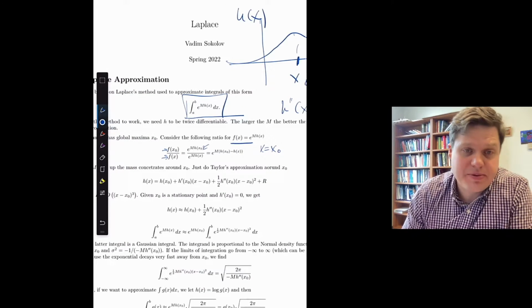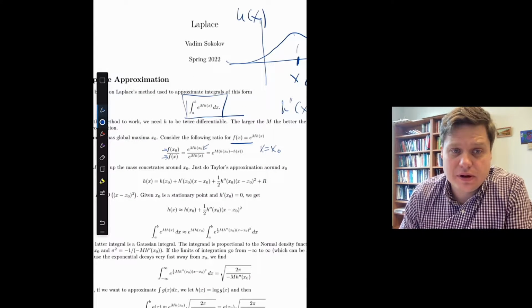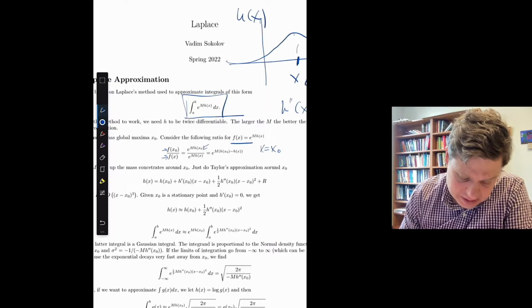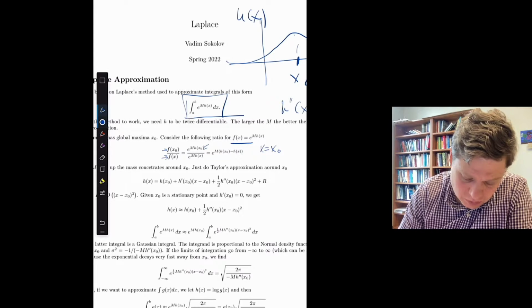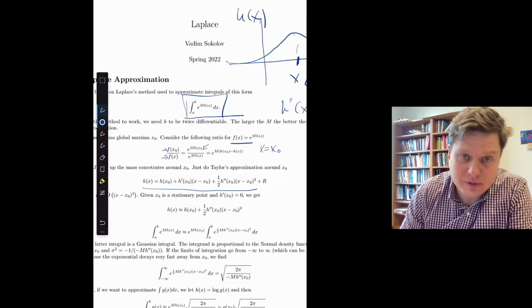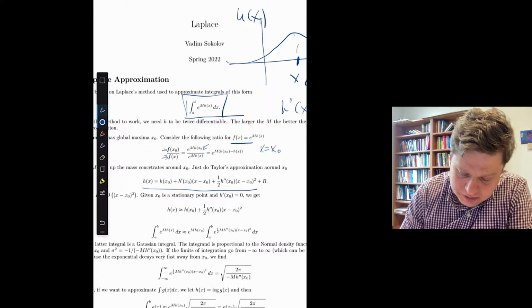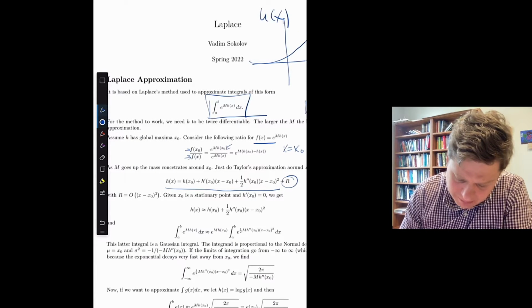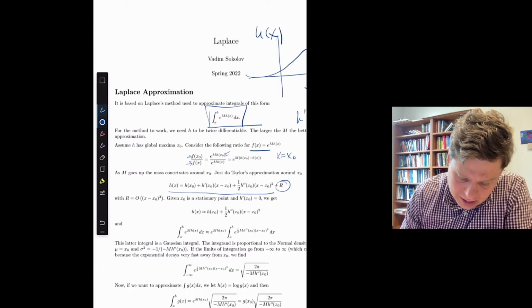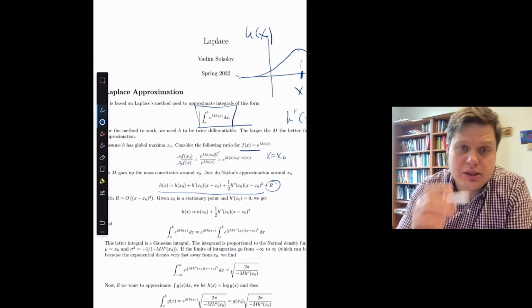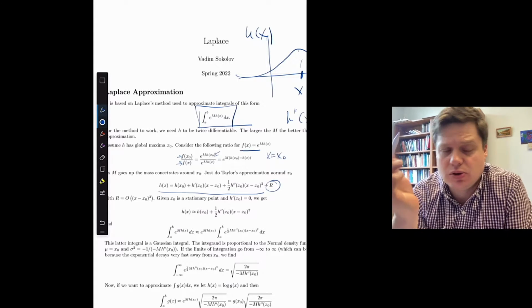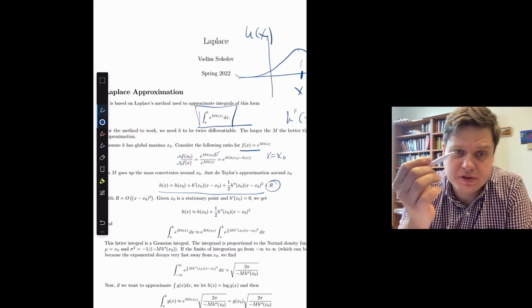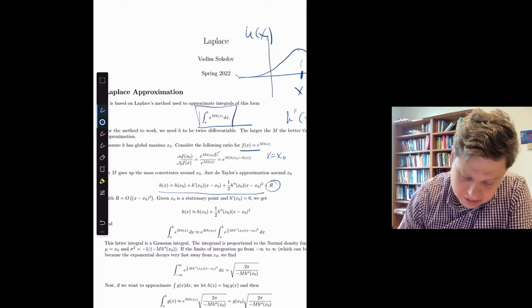Now let's do Taylor's approximation of the function h of x around the maximum, x0. And we will do Taylor's approximation up to the second order. And then we have this residual, the errors associated with the third order derivatives and higher. And since x0 is a maxima, it's also a stationary point, meaning that the first derivative of h at this value is 0.